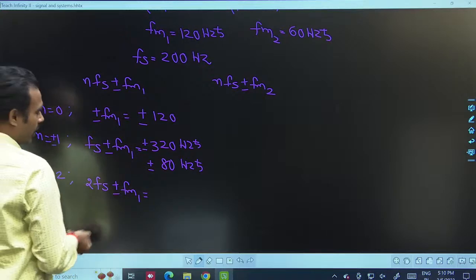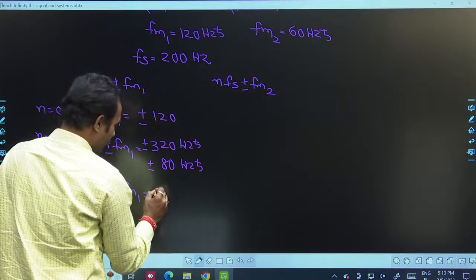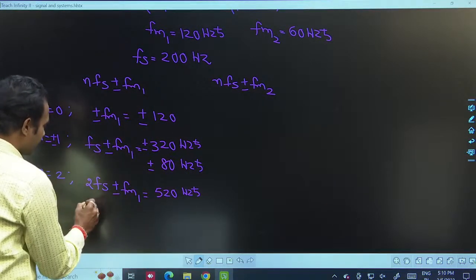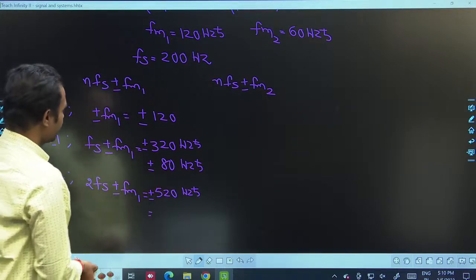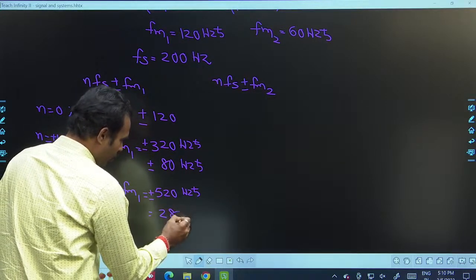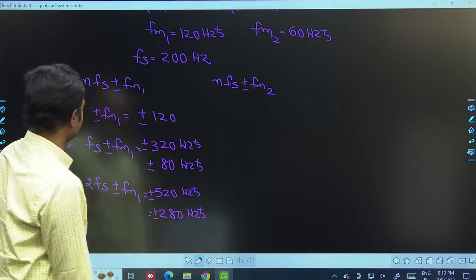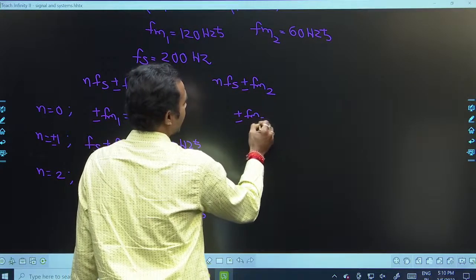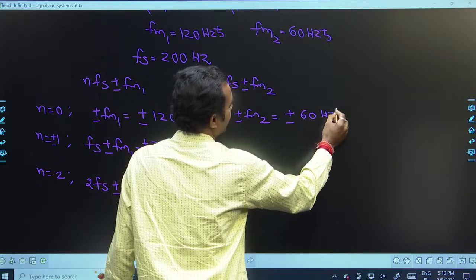So 2Fs means 400 plus 120, that is equal to 520 hertz, and the next one is 400 minus 120, that is equal to 280 hertz, that is plus or minus 280 hertz. So similarly, when you take n is equal to 0 here, this becomes plus or minus FM2, and that is equal to plus or minus 60 hertz.